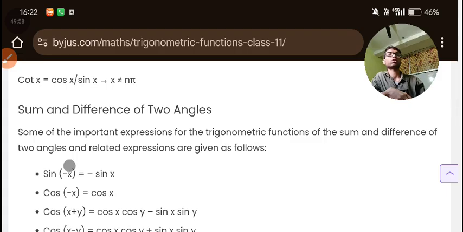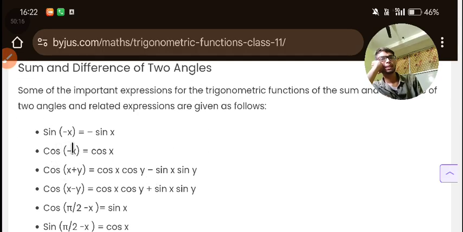Sum and difference of two angles. Some of the important expressions for the trigonometric functions of the sum and the difference of two angles and related expressions are given as follows. Here it can be written as minus sin x. Same here, cos of minus x can be written like that.